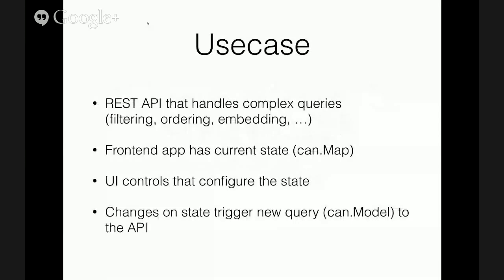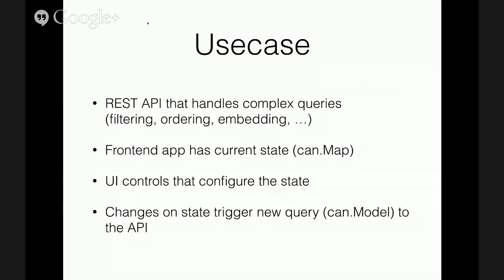So here's our use case. Actually, it's a GitHub use case. On the backend side, we need a REST API that handles complex queries like filtering, ordering, and embedding objects into the response. In the front end, we have an application like GitHub that has a current state.